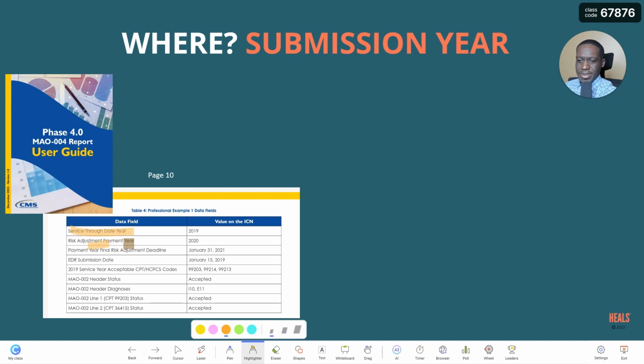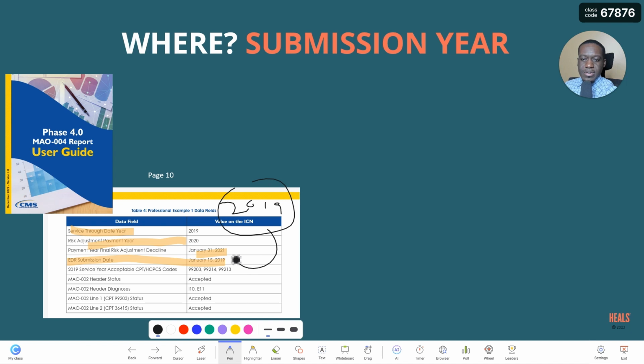You can see payment year here. You can see the risk adjustment deadline, so that corresponds to pretty much the date that you need to submit, so the submission year deadline. And then there's the submission date. So 2019 is here, and therefore 2019 is the submission year associated with this record that is being discussed here.